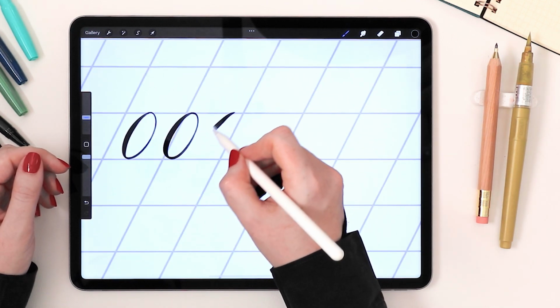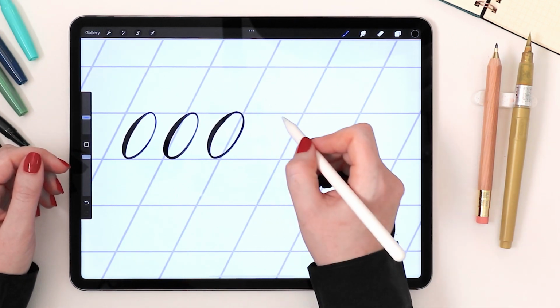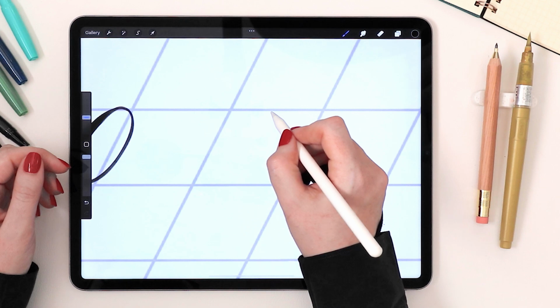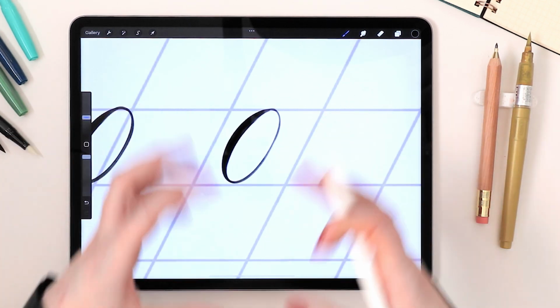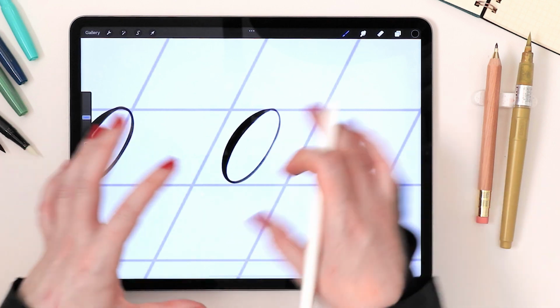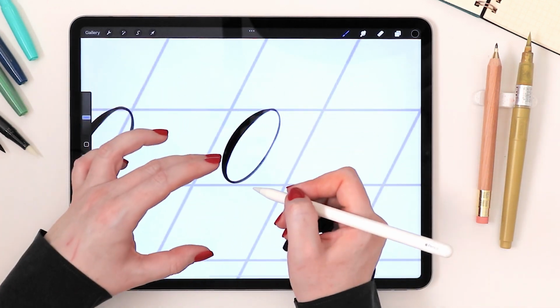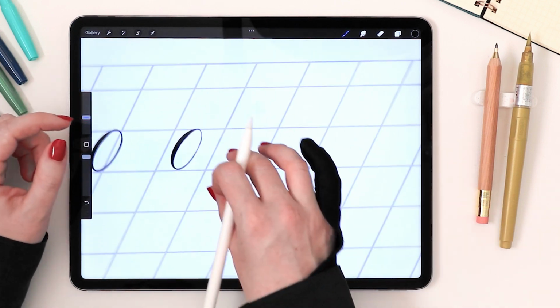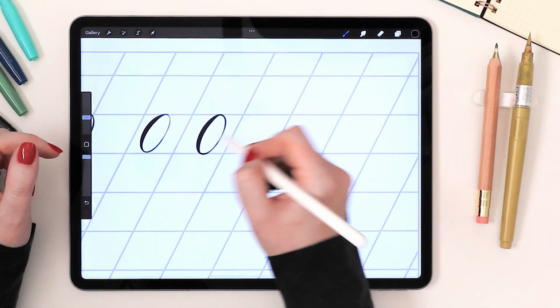So you can see that I'm starting at 12 o'clock, increasing my pressure, decreasing it, and coming up to join. Let's make this even bigger. I should say, by the way, that I'm enlarging this for the sake of the class. I don't recommend practicing this large because my hand actually has to move quite a distance to cover this space. You're going to find a space that feels easiest for your hand to move.